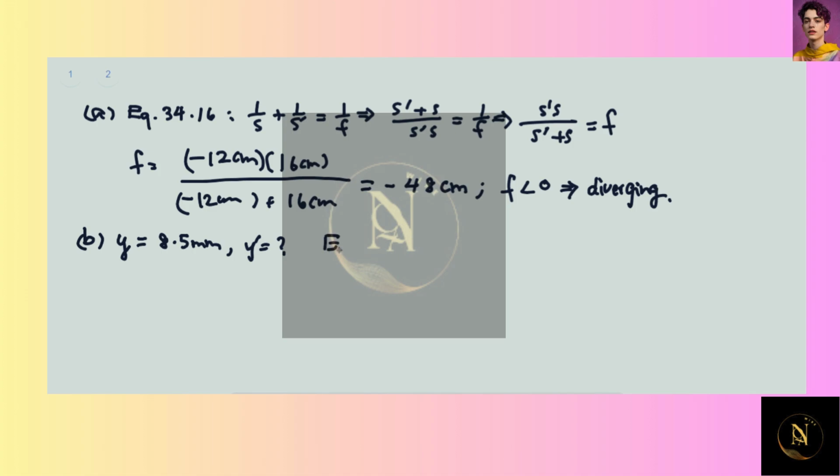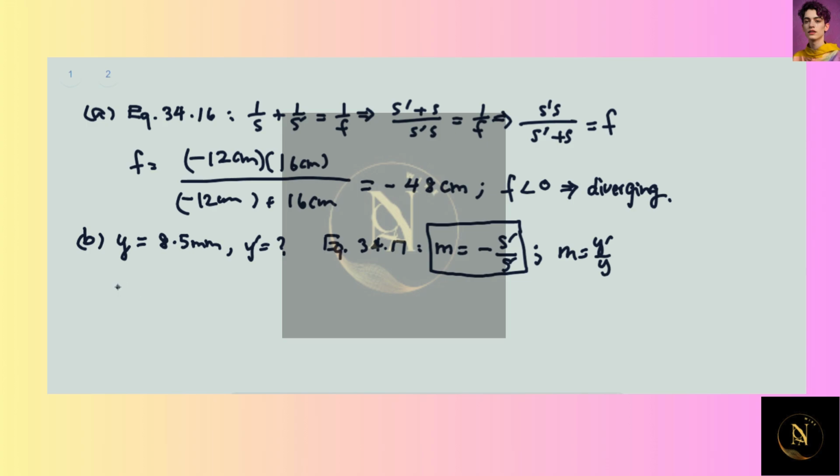So let's use equation 34.17, which tells us that the magnification is negative the image distance over the object distance. And we'll also make use of M is equal to Y prime over Y. But for now, let's focus on this part of the equation.